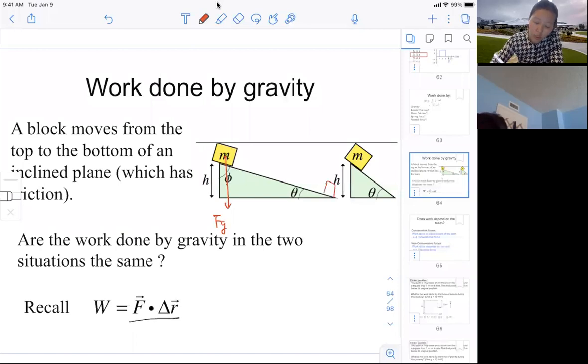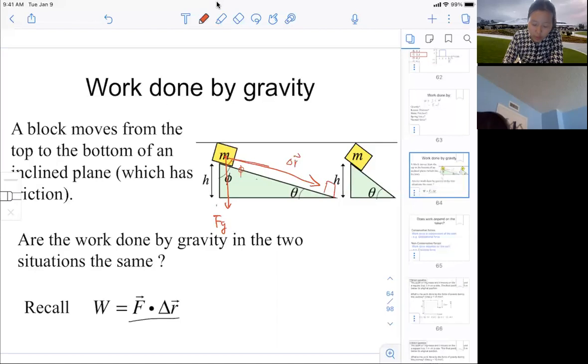So I'm going to draw my displacement arrow going down, parallel to my incline, parallel to the surface. So that's delta r. And they have an angle between them. Notice that the angle is given. The angle between the perpendicular and the incline is phi, so it's this angle, which is drawn on the incline.